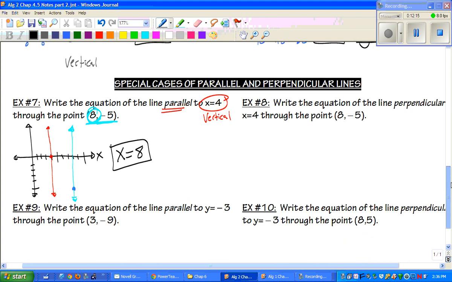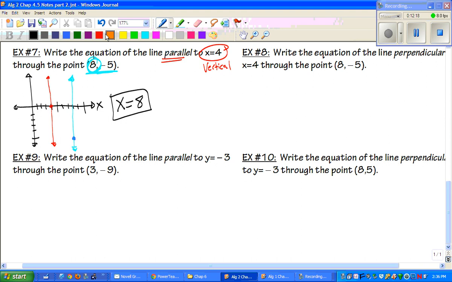Now we're actually going to skip to number 9 real quick, and let's do the same thing. Once again, it's saying parallel to y equals -3, and it's going to go through the points 3, -9. So let's go ahead and draw this one. So we have y equals -3.